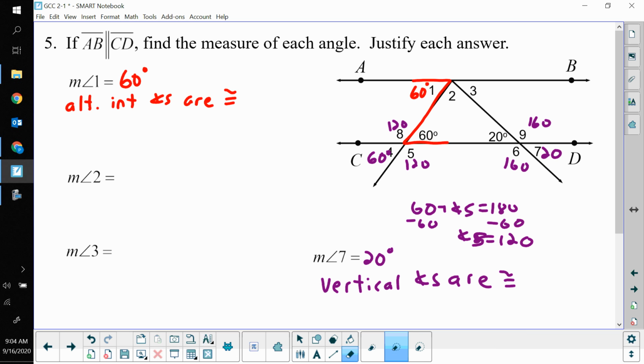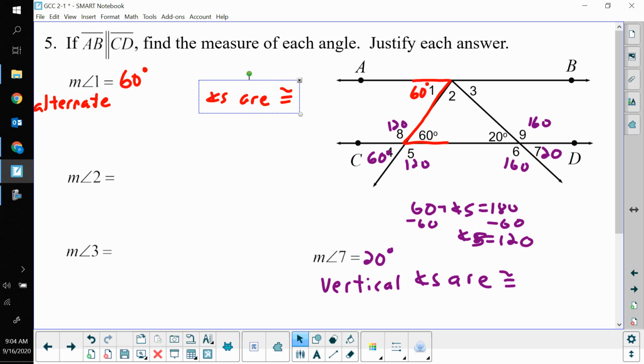Okay, and maybe I should probably not abbreviate that. Alternate interior angles are congruent. Well, we could do a zigzag with the 20 as well.